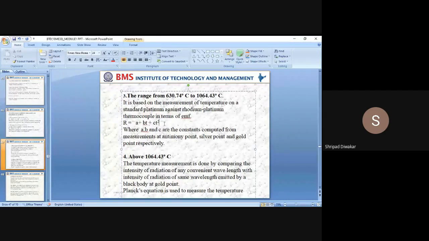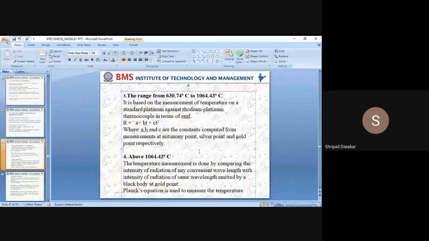It follows the equation R equals A plus BT plus CT square, where A, B and C are constant values calculated from antimony point, silver point, and gold point respectively. These are the standard fixed points adopted in the international temperature scale.